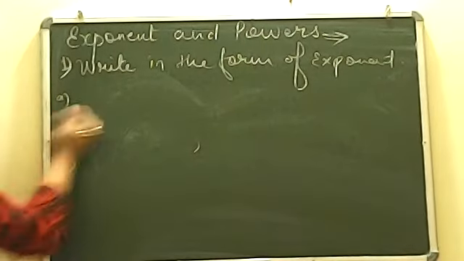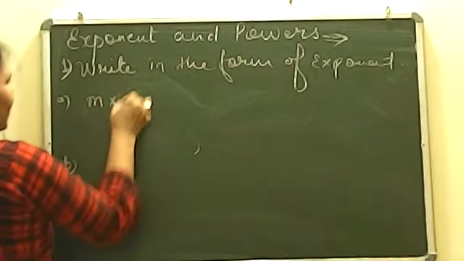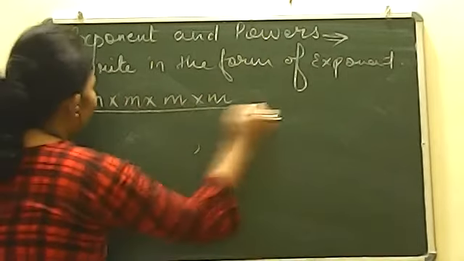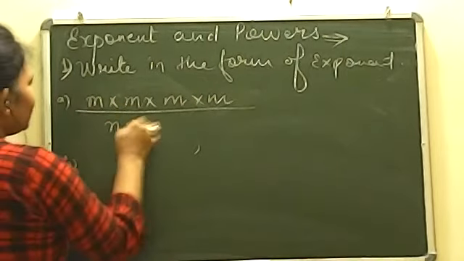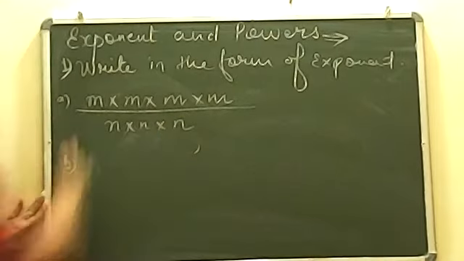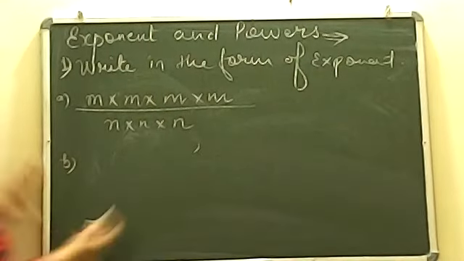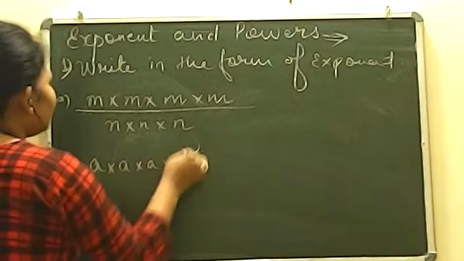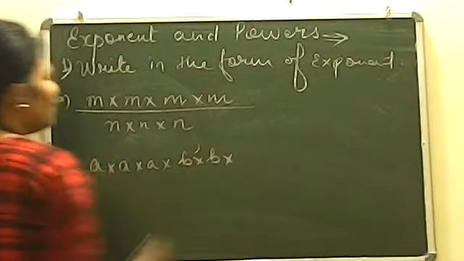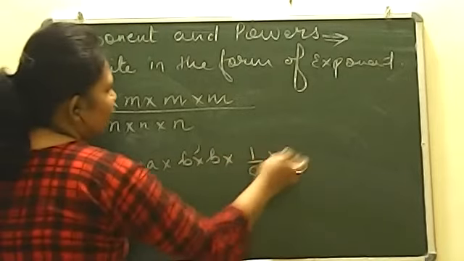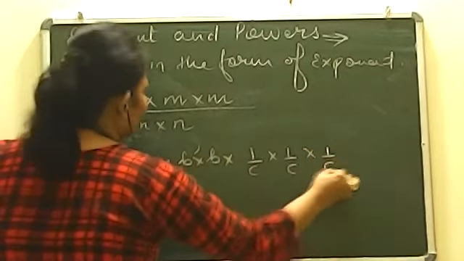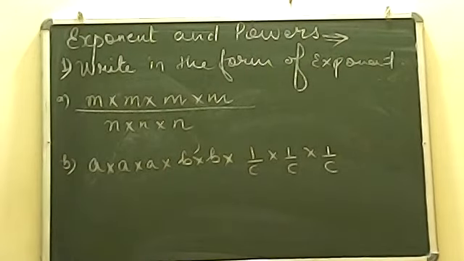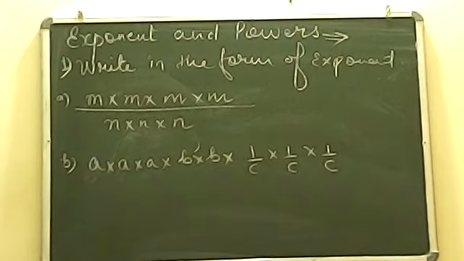The first one is m into m into m into m divided by n into n into n. This is the first question. Second one is a into a into a into b into b upon 1 upon c, 1 upon c, and 1 upon c. Now write it down in the form of exponent. What will you write when you convert it to exponent?